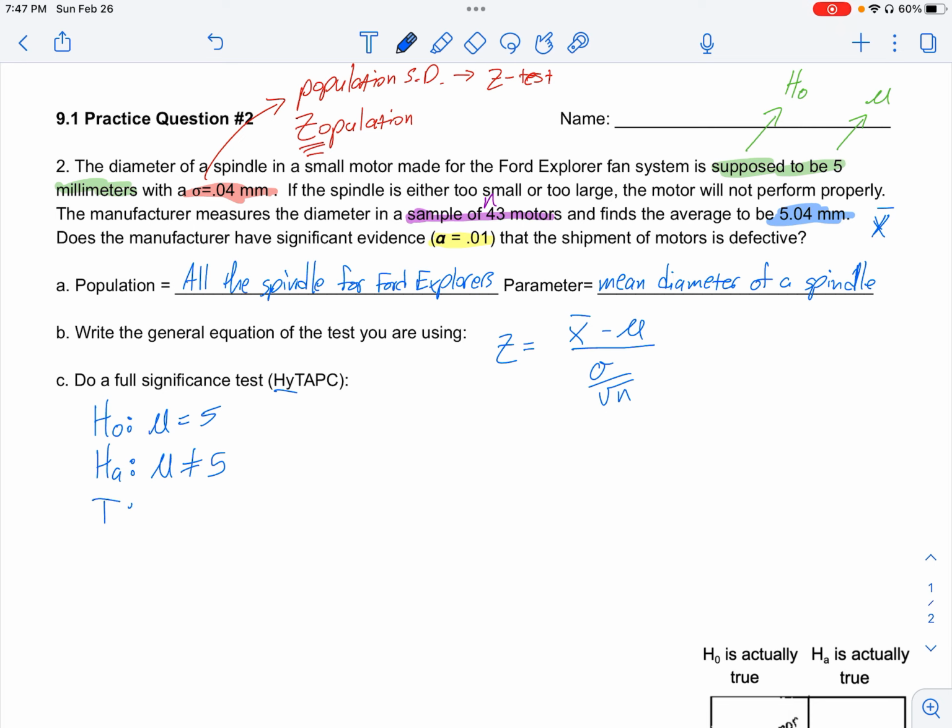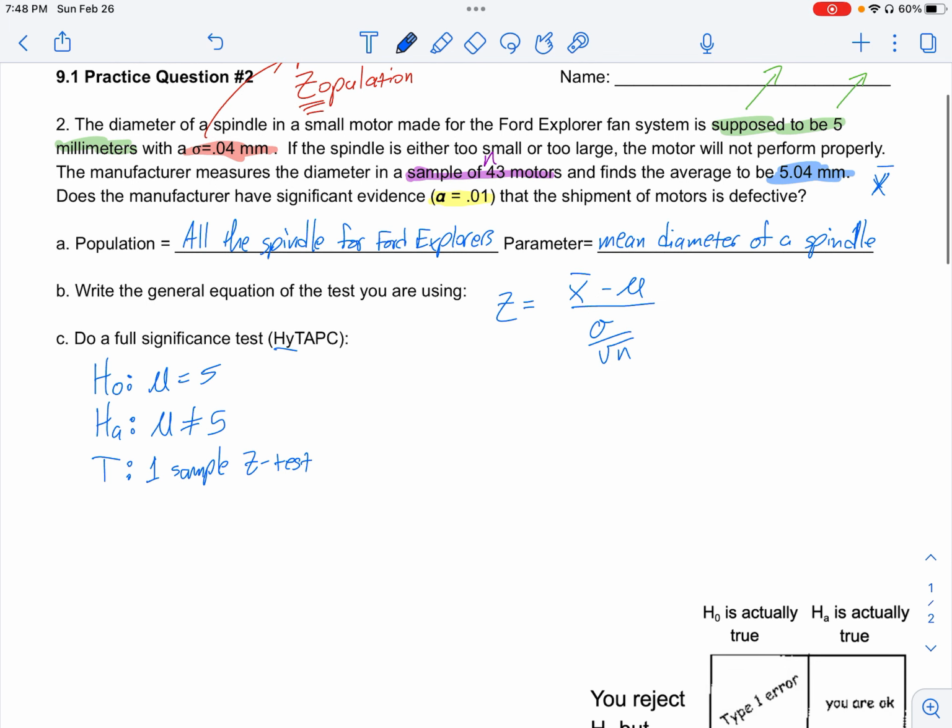The name of the test is a one sample z-test, okay? The assumptions, A. 1, is it random? Let's see, did it actually say it was random?